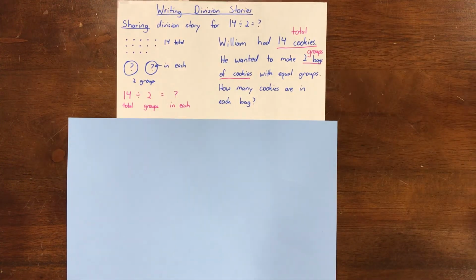Great. So what are we being asked to find in this problem? How do you know? Say it out loud. Yeah, we have to find the amount that should be in each group.